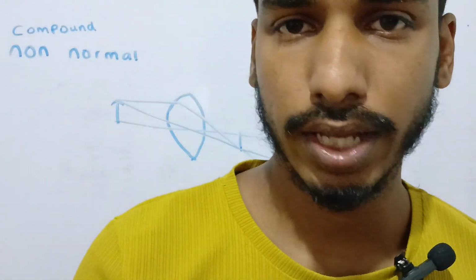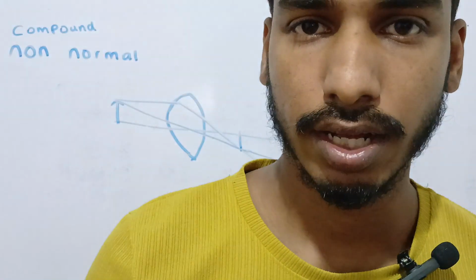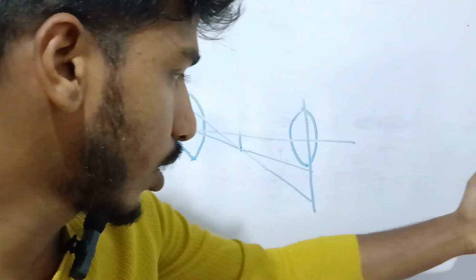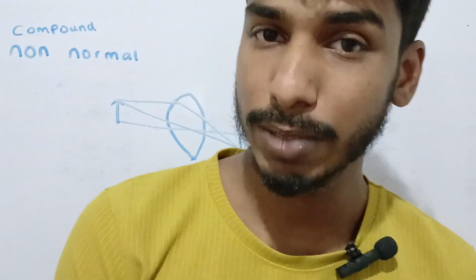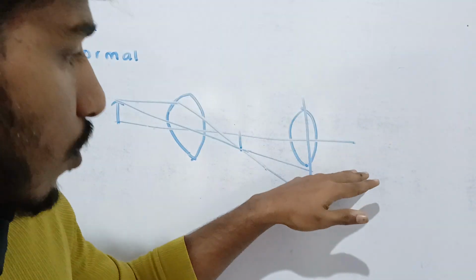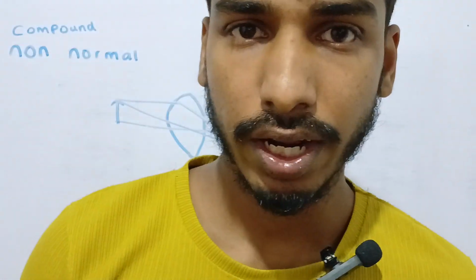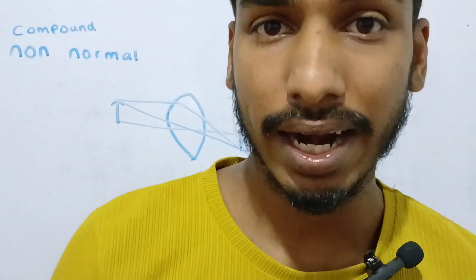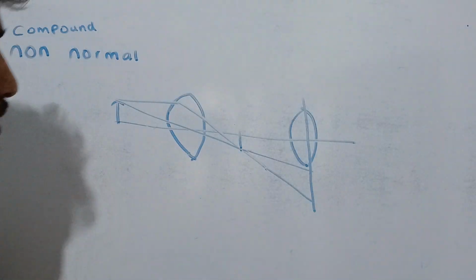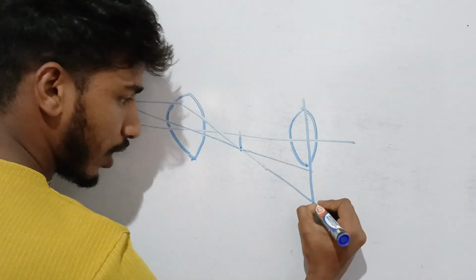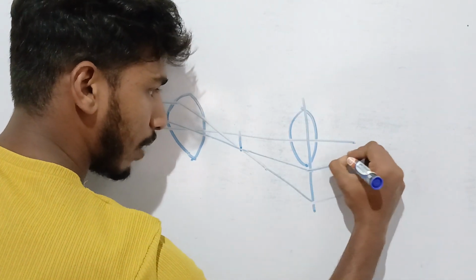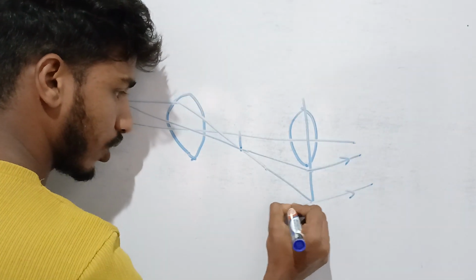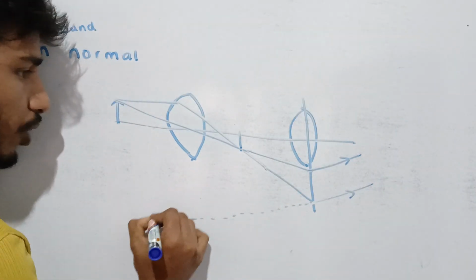That's why we are able to say there is a virtual image created. But here there is no image produced because the image is produced at infinity. For an image to be produced at infinity, they must be parallel rays, right? So they must deviate parallel to each other. When they deviate parallel to each other, you never have an intersecting point.